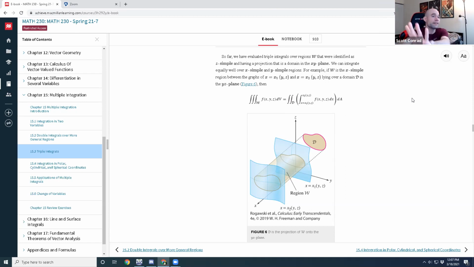And then we're always projecting to the other two variables and then integrating over that region in that plane. And then how we do that depends on the shape of that region.